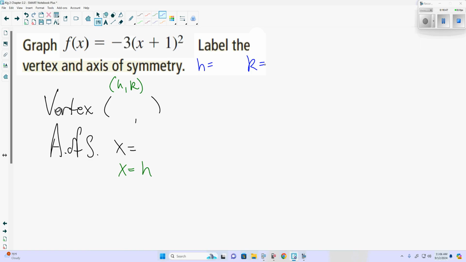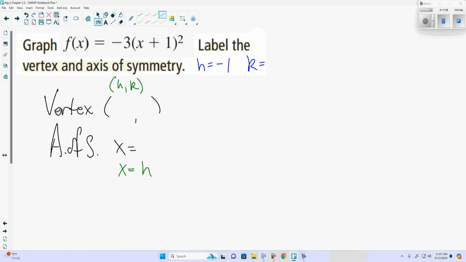Our h is coming from inside the parentheses. Since we have x plus 1, h comes out as -1. Since it's plus inside the parentheses, it comes out as negative. If it's negative inside the parentheses, it's going to come out as positive.